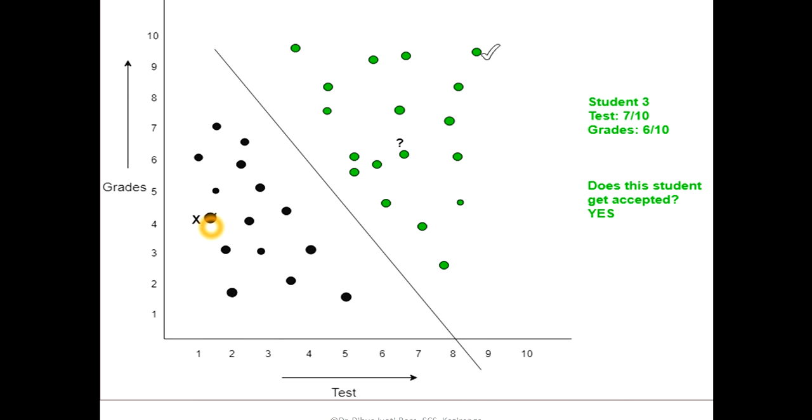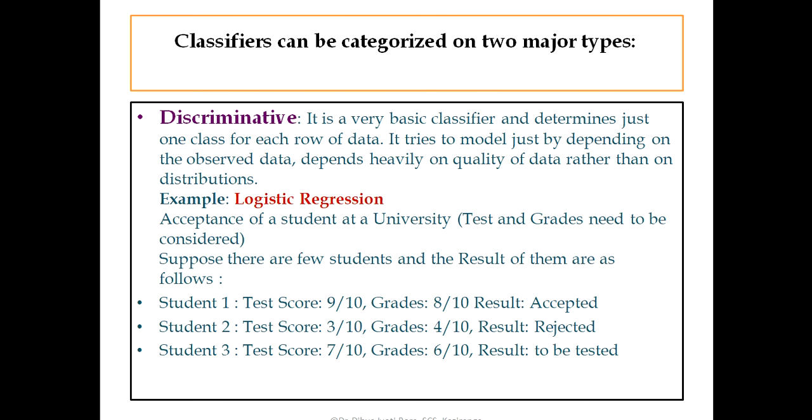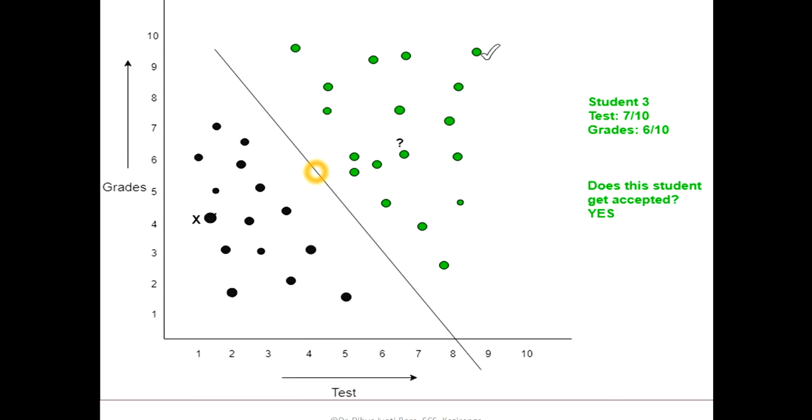Similarly, suppose this one is a point which is getting 2 out of 10, then he or she is rejected. Clear? So this is a kind of discriminative. This is very discrimination type, meaning it always tries to determine one class for every row. And what we have discussed is that logistic regression is one such discriminative classifier.